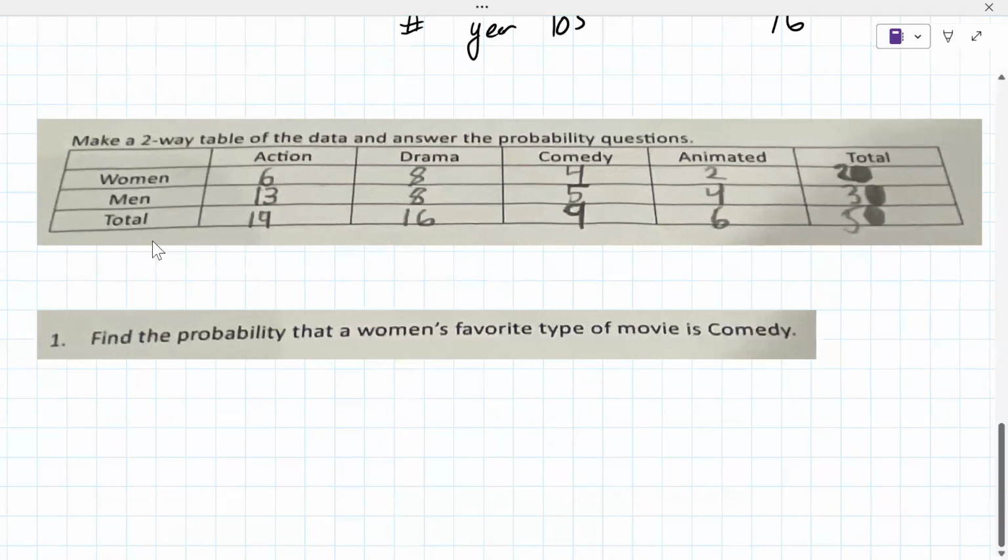Find the probability that a woman's favorite type of movie is comedy. So we're looking at just women.